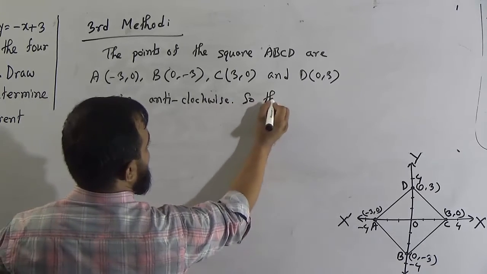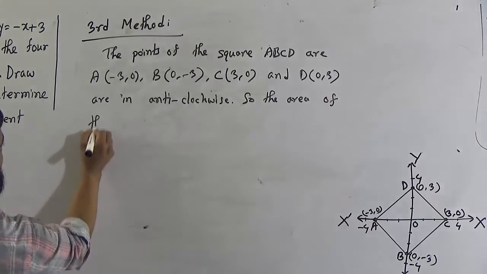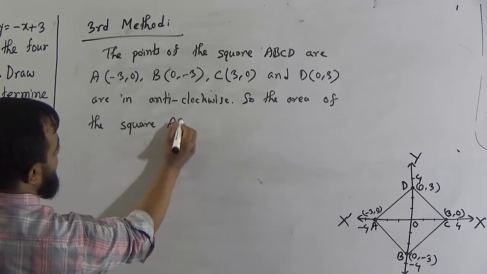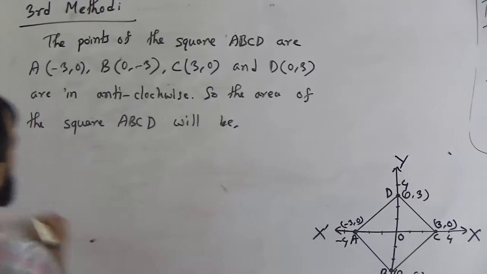So the area of the square ABCD will be what?